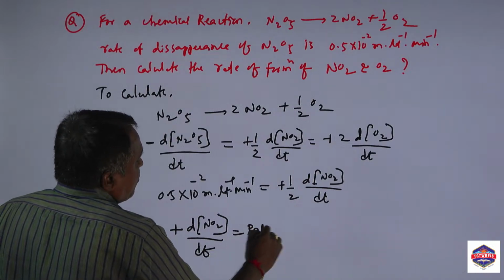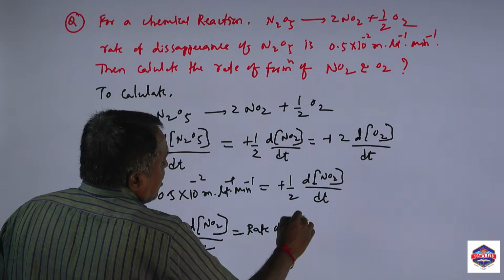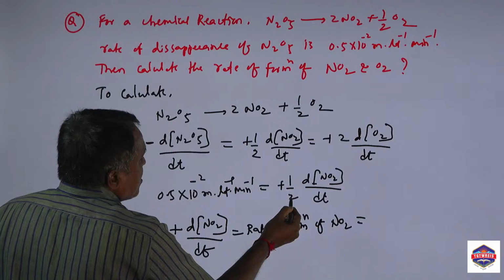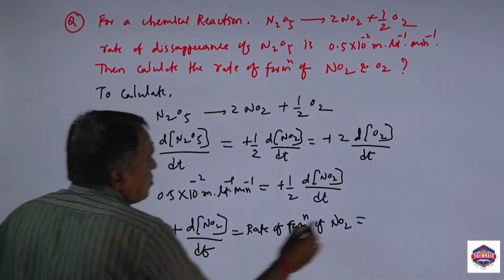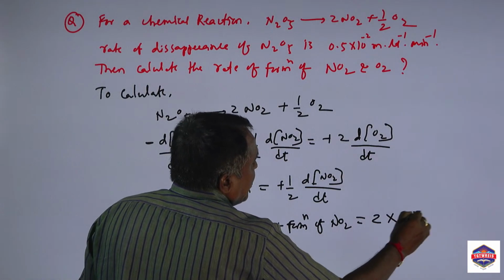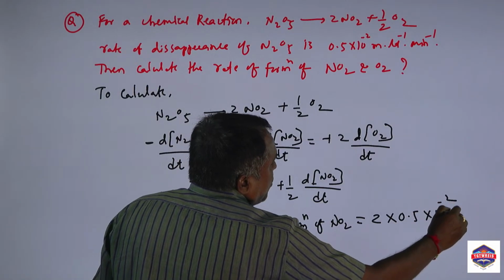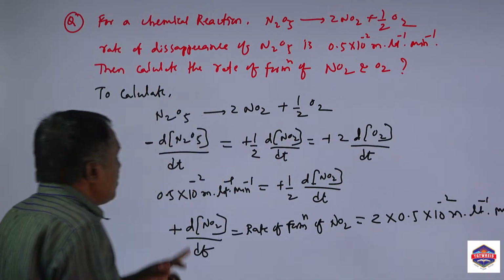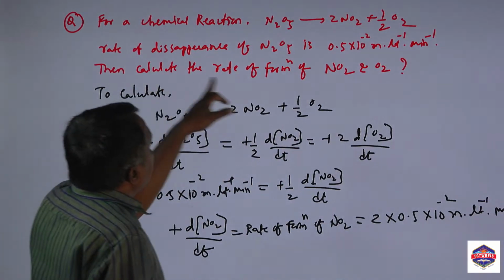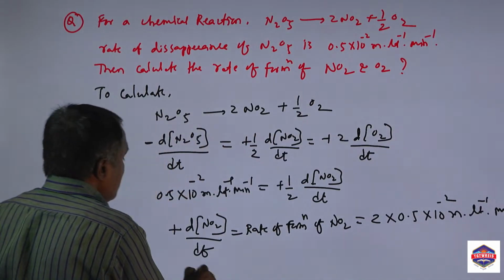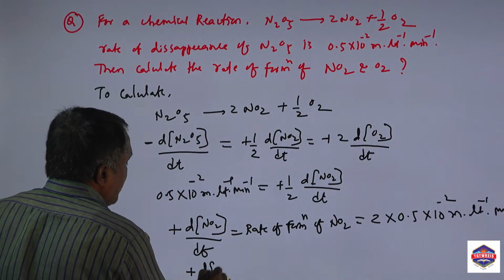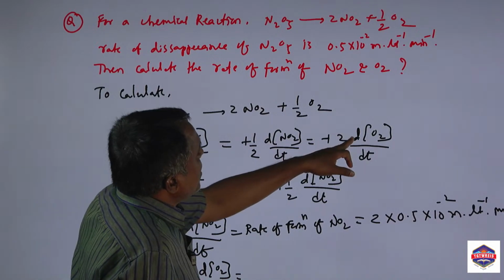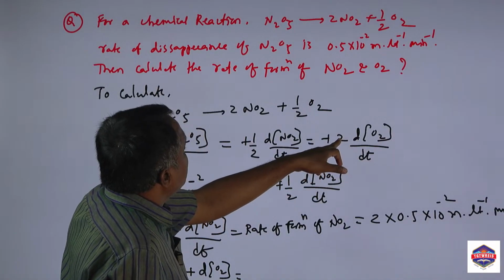It is equal to 2 into 0.5 into 10 to the power of minus 2 mole liter inverse minute inverse. And again, we want the rate of formation of O2, plus dO2 by dt, which is equal to what now?